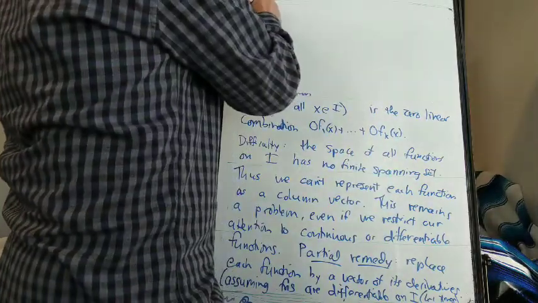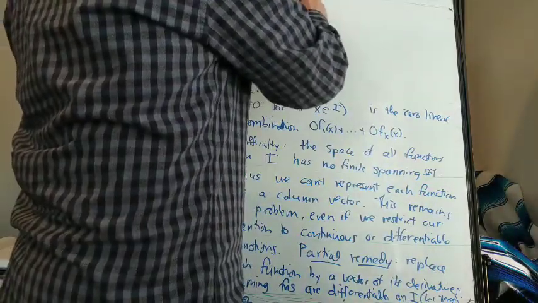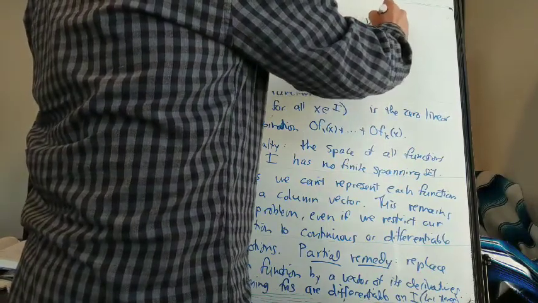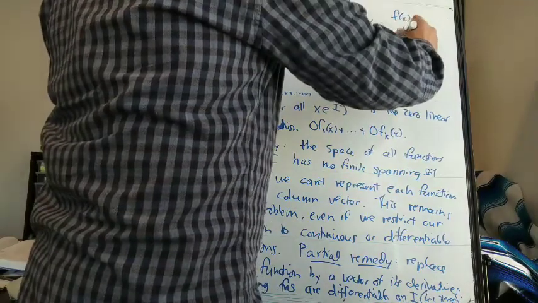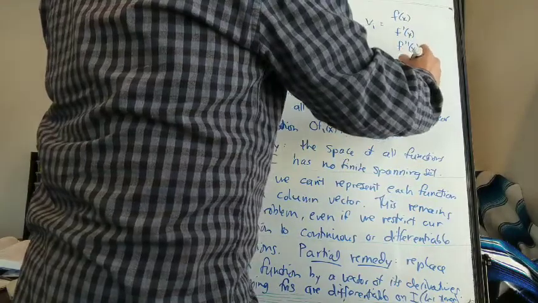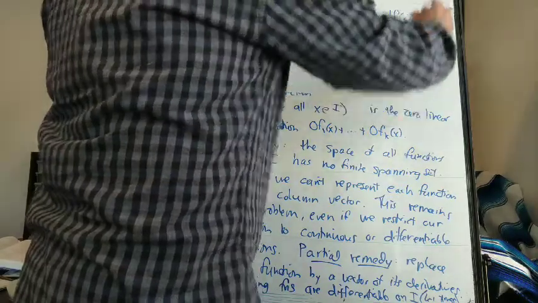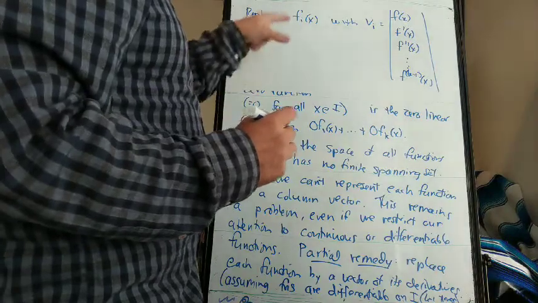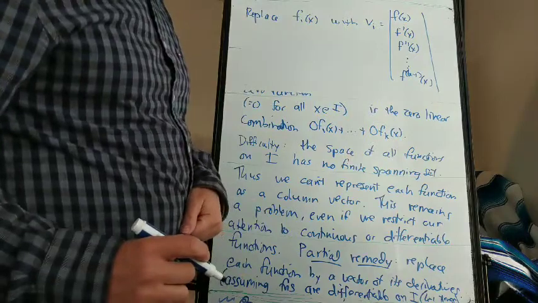So I'm saying replace the function fi of x with, let's say, a vector vi, which is f of x, first derivative, second derivative, all the way down to the k minus first derivative. Then with the k functions, we can create a k by k matrix by using these as the columns.